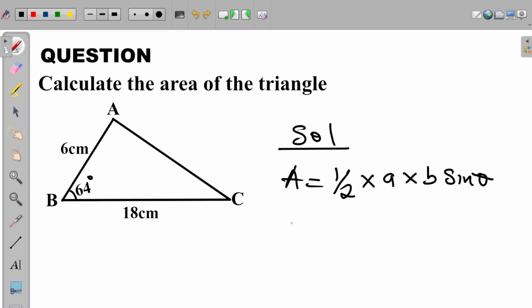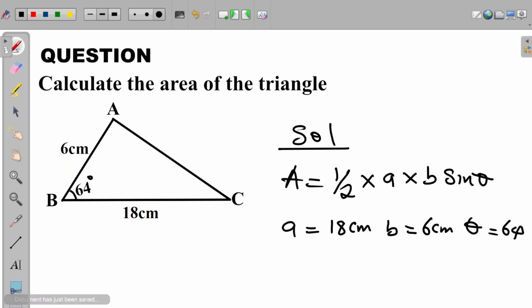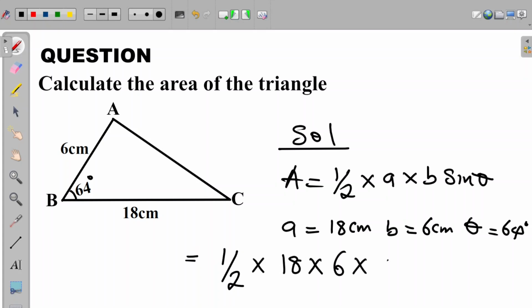Now from the figure, a is equal to 18 cm, b is equal to 6 cm, and theta is equal to 64 degrees. So if we substitute, we have 1 divided by 2 multiplied by 18 multiplied by 6 multiplied by sine 64 degrees.